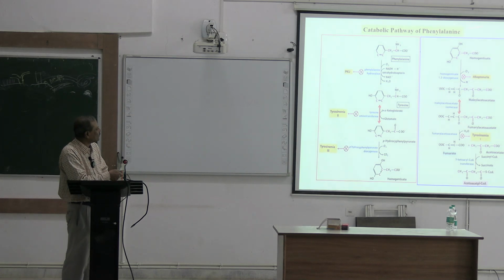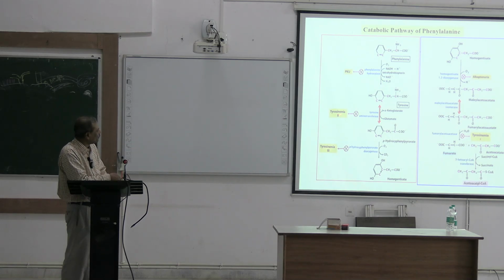So, the catabolic pathway of phenylalanine, I told you about the first step. There are other areas. Two are reversible reactions, and three types of tyrosinemia are there. The last step is the first one, that is tyrosinemia 1, about which I will tell you.